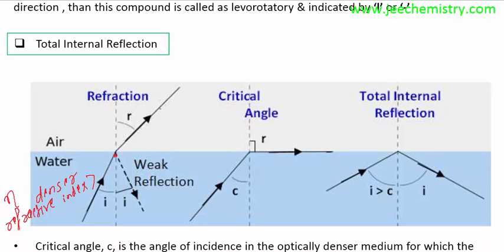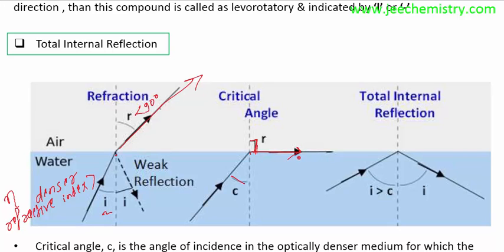When the ray passes into the rarer medium, it bends away from the perpendicular line. At the critical angle, when the ray incident in the denser medium passes to the rarer medium, it does not go into the air; the refraction angle is 90 degrees. Otherwise the angle is less than 90 degrees, but here it is 90 degrees.